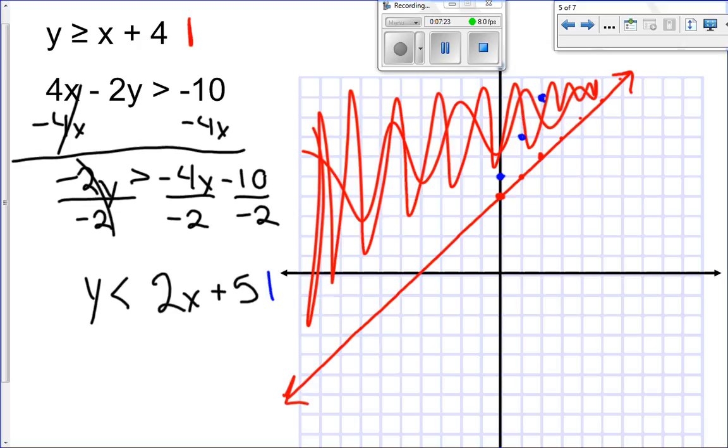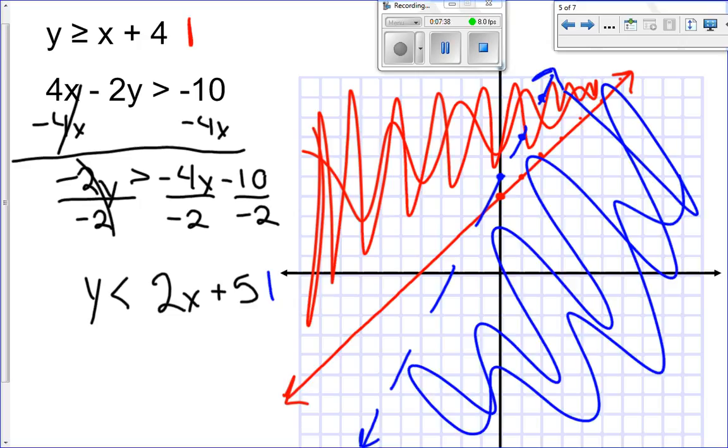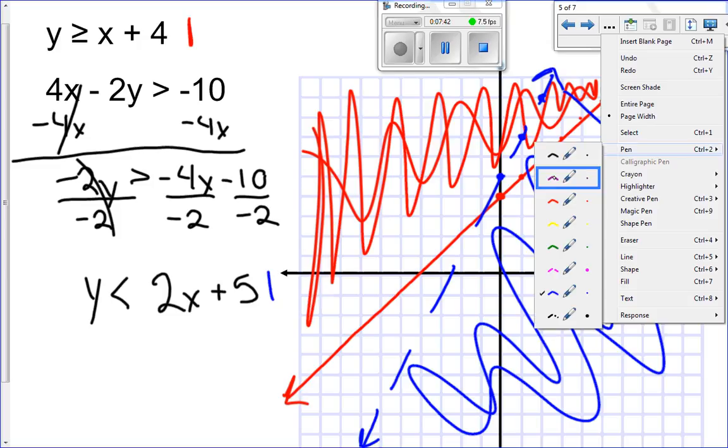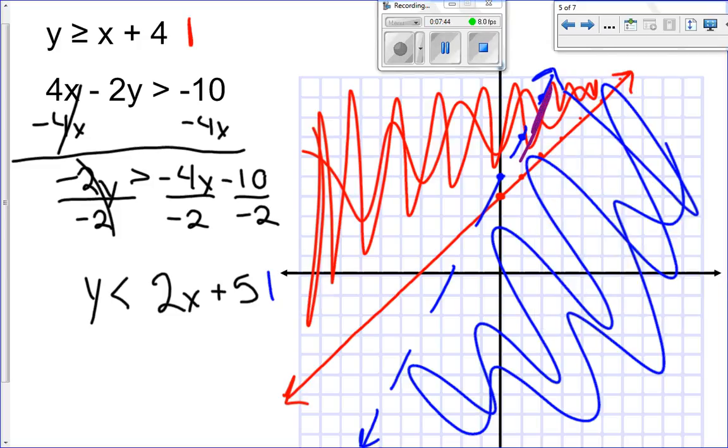And since it's less than, it's going to be dashed or dotted, however you want to say it. And that one is less than as well, so that's everything in this half. So the area that they overlap is actually the little section up here.